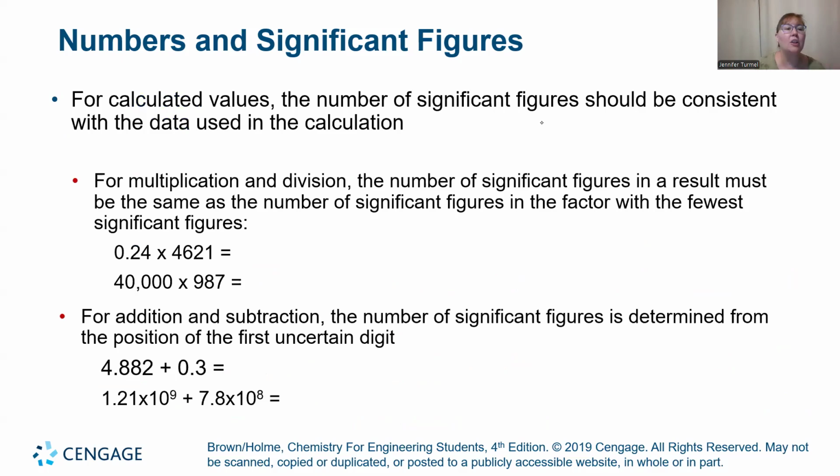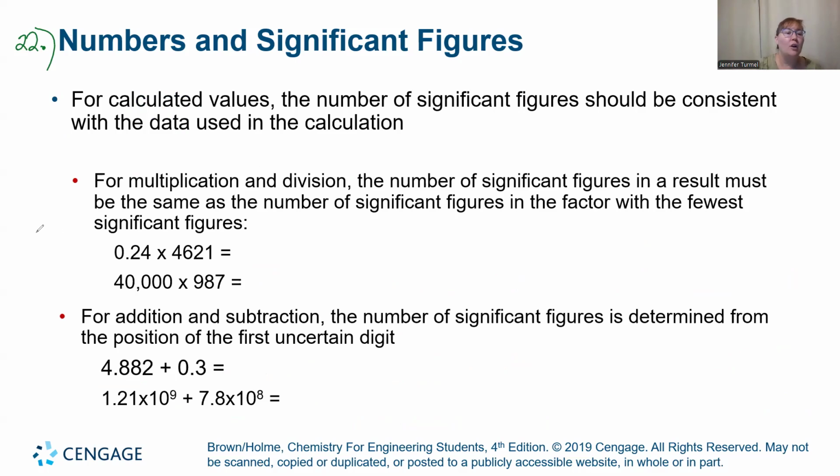All right, now let's take a look at a couple more examples here. This is slide 22, just for anybody that's taking a peek at what we're doing now. So for calculated values, the number of significant figures depends on whether you're adding or subtracting or multiplying or dividing.